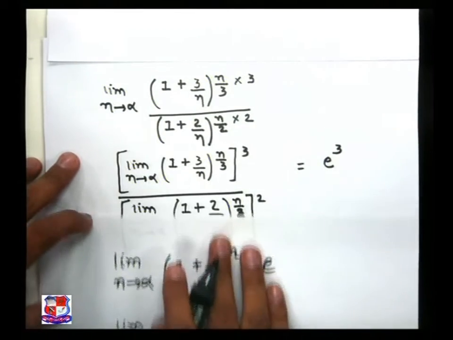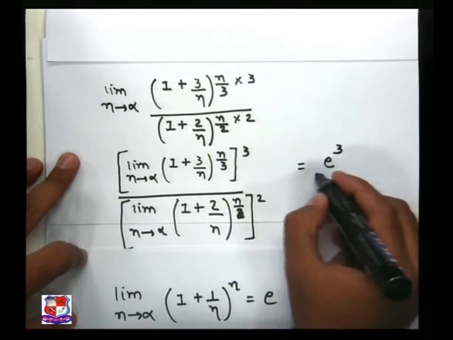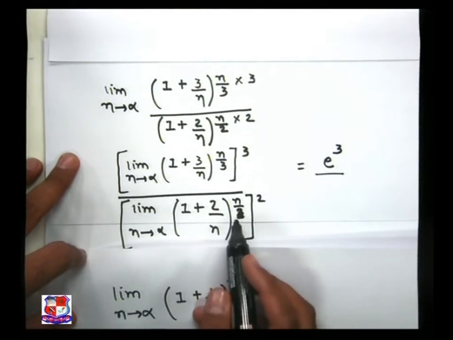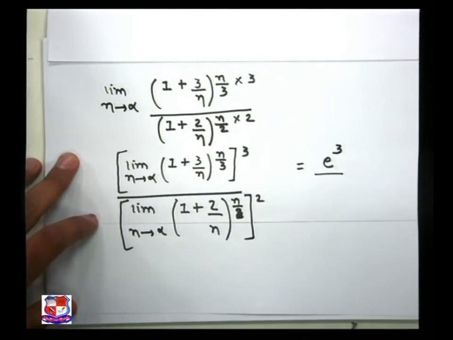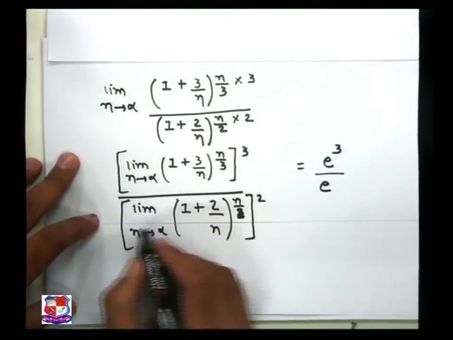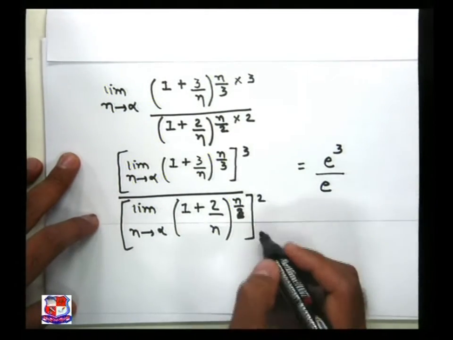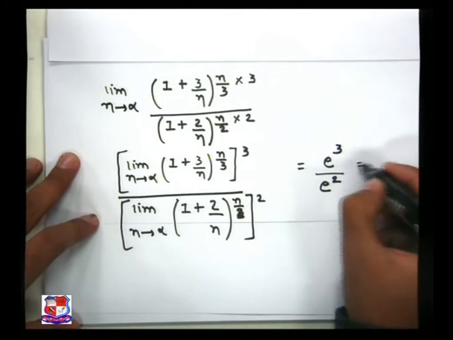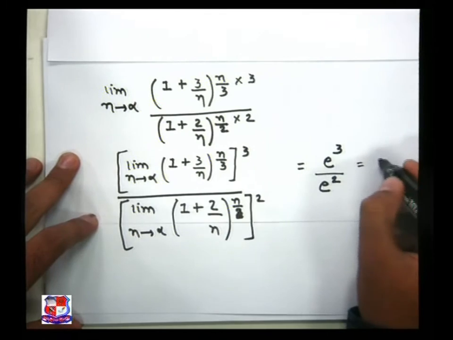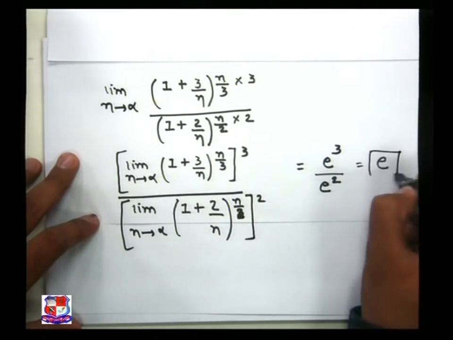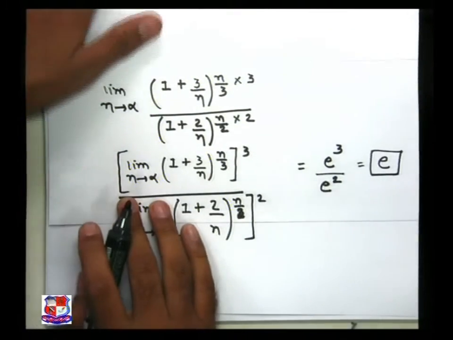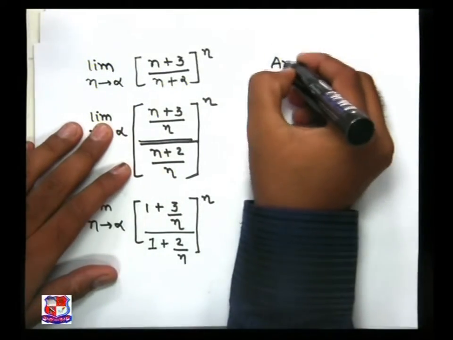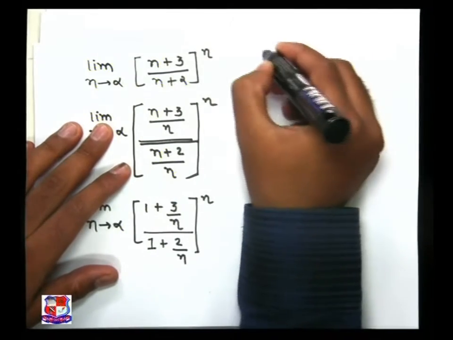In the same way, on the denominator side, limit n tends to infinity, (1 plus 2 by n) raised to n by 2, that we call e, and put the remaining power, that is 2. So finally, e cubed divided by e squared, and finally we get only e. So e is our final answer.